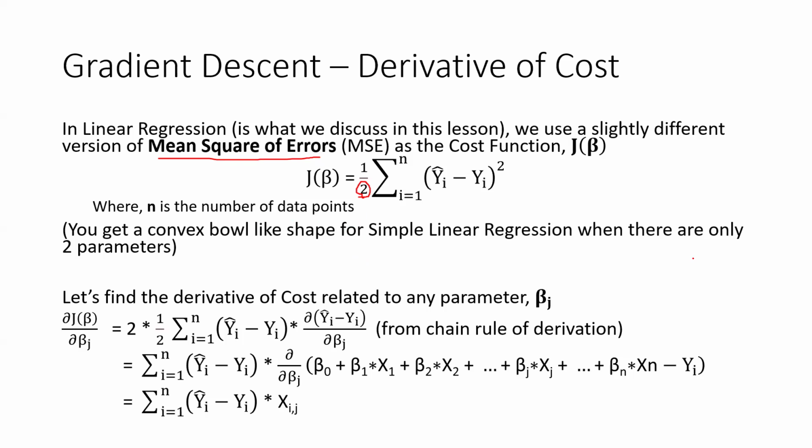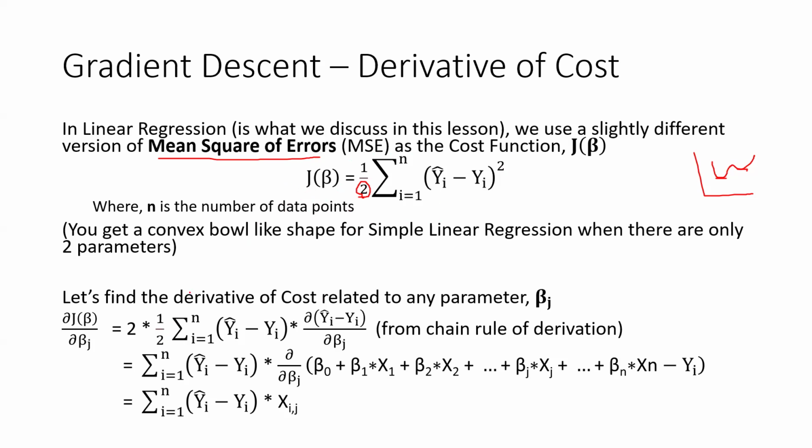That means there is only a single global minimum; there are no multiple minima, because this is a curve given by this J beta.